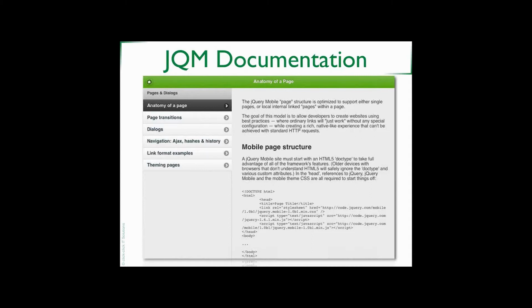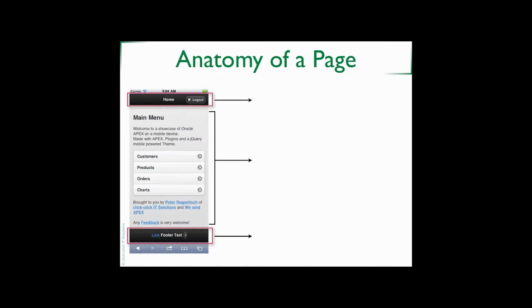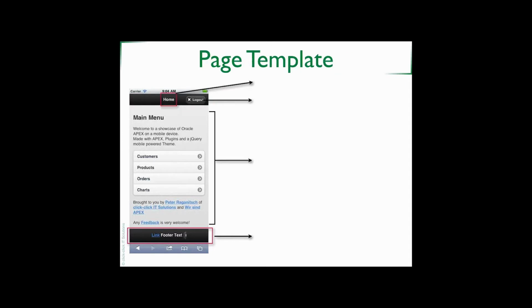So I read all of that, and it basically tells us what a page should look like. There is the header up there, then we have a big body and a footer. So that's a really easy part. We can easily create a page template with all that information.